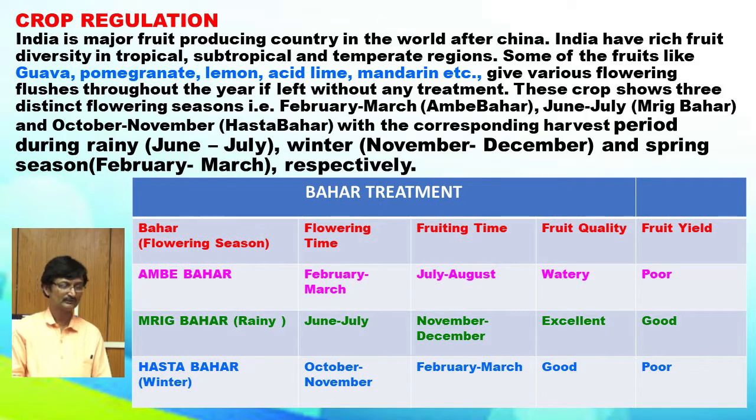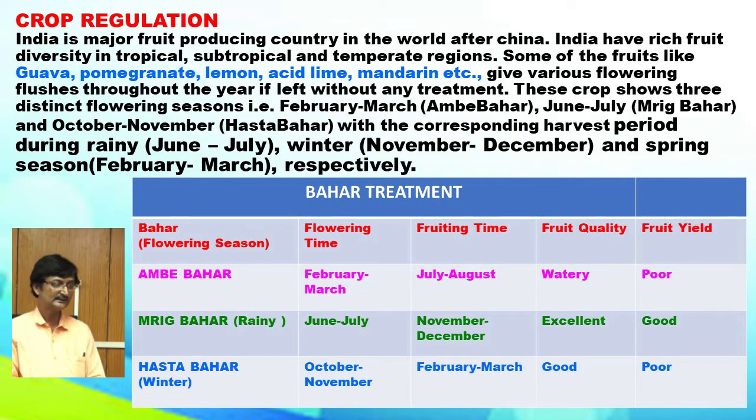So, there must be some technique to take only a single crop out of 3 flushes, which is very remunerative and very superior from both quantity as well as quality.